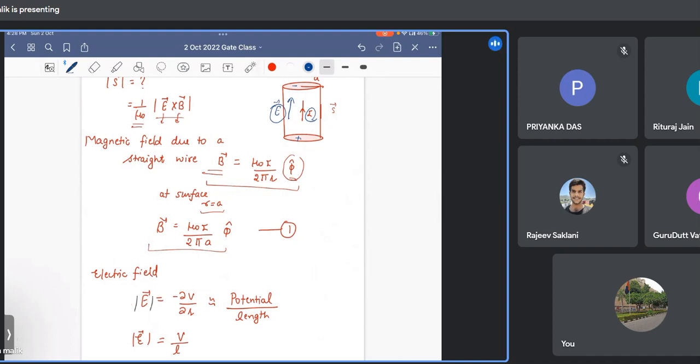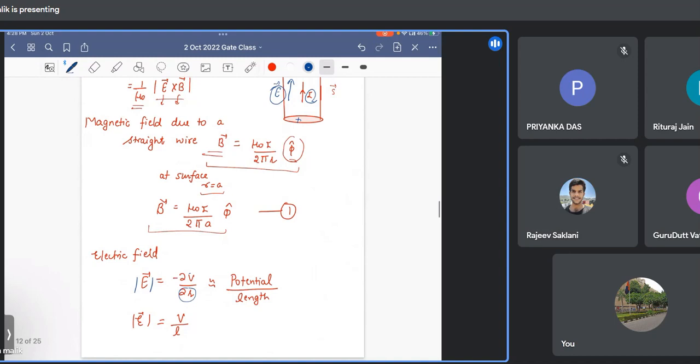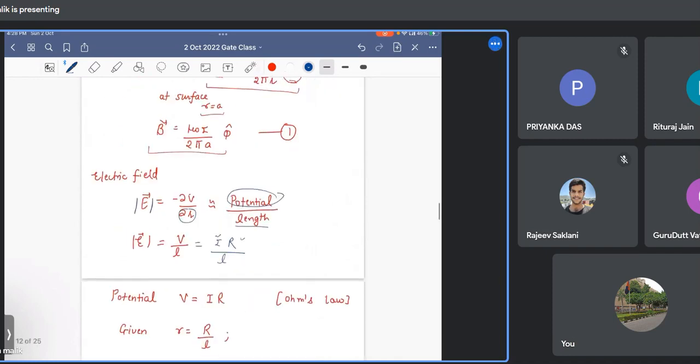The magnitude of it is given by the gradient of potential, minus del V by del r. Basically, it is potential per some length element. Let us not consider dr here, just a length element. So the potential per length is V upon L, and we know the potential is given by I into R, where I is the current, R is the resistance, and L is the length.